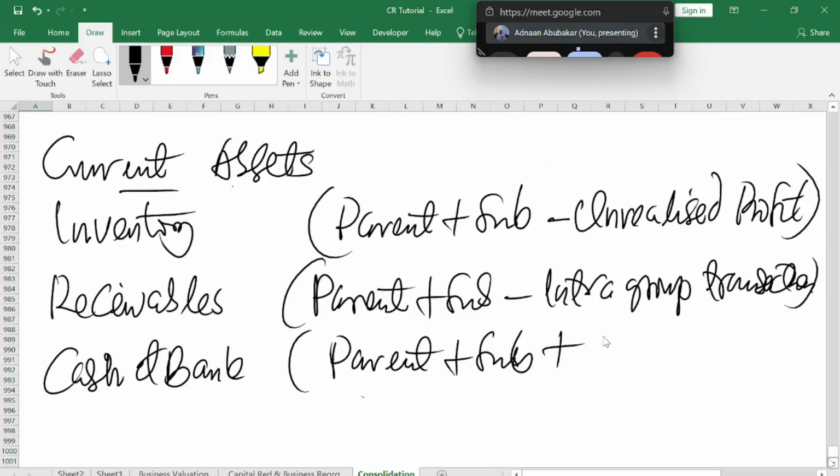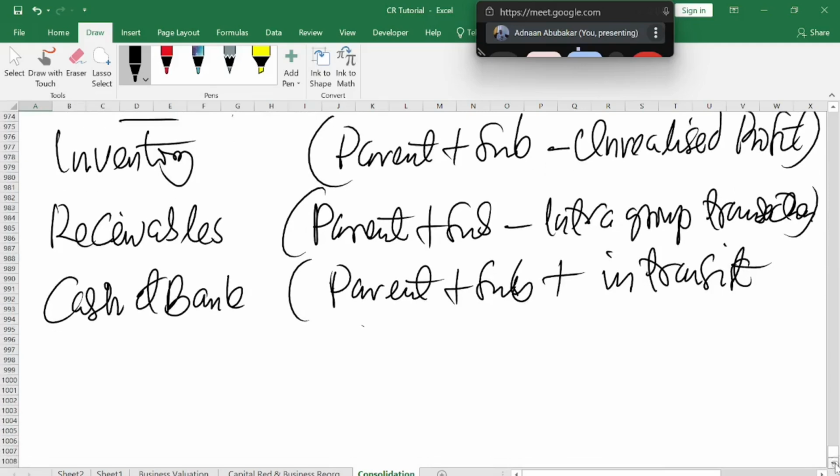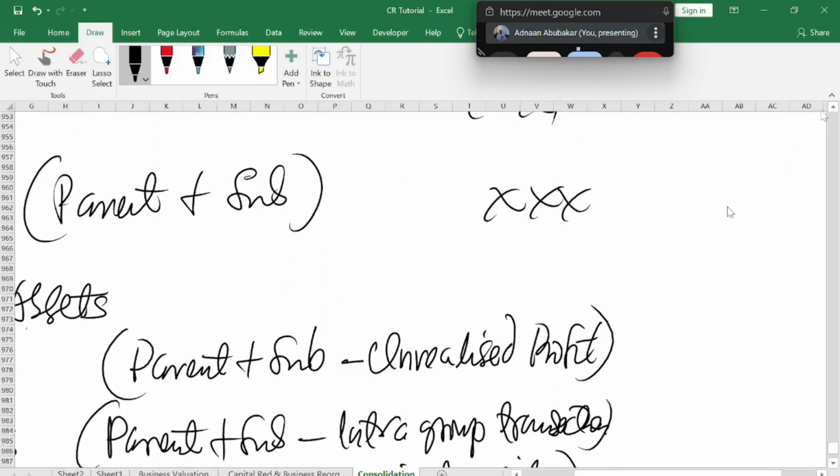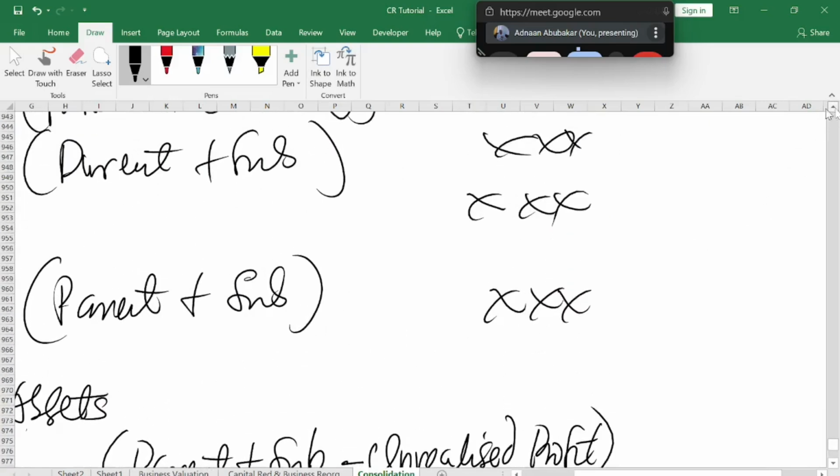Then you add what we call cash in transit, maybe money that is on its way but yet to be received. If we can recognize it and it can be identified, then you add it here.